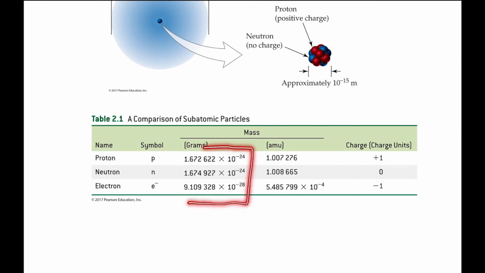Then it shows masses, and these masses are so small that it's really hard to interpret, but it's in grams. The main takeaway from these values is that the proton and neutron have pretty much the same mass, 1.67 times 10 to the negative 24 grams.